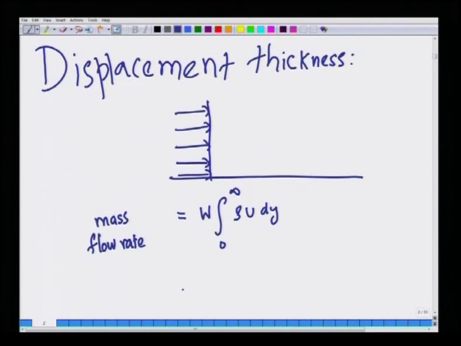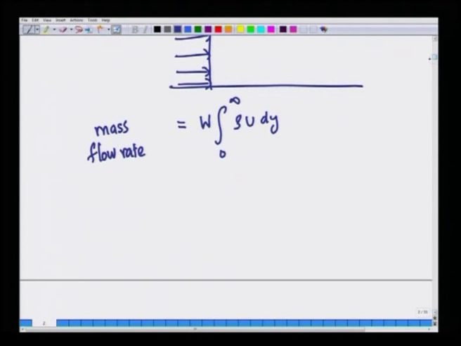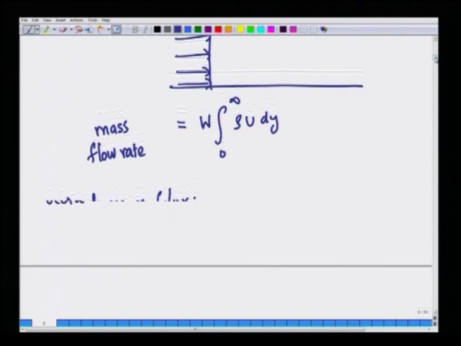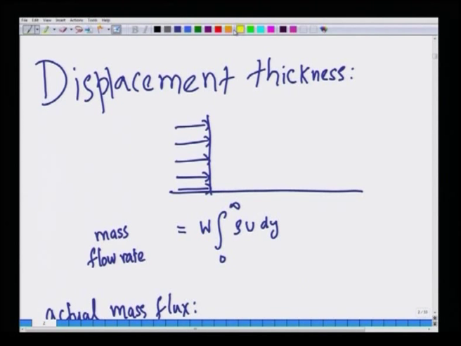Now, the actual mass flux is not the same, because if I were to draw the actual velocity profile, it is going to look like this. So, there is a region of deficit that is there in reality.